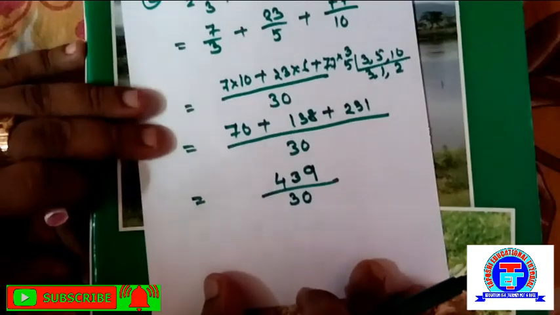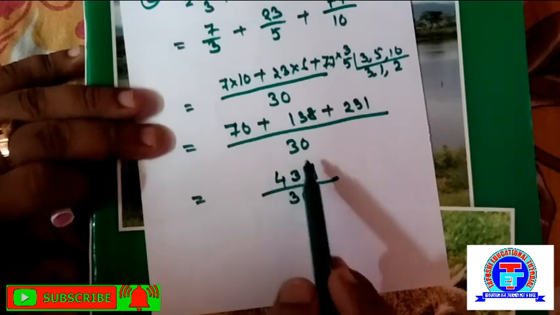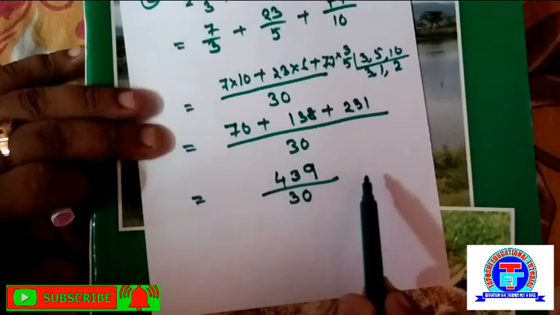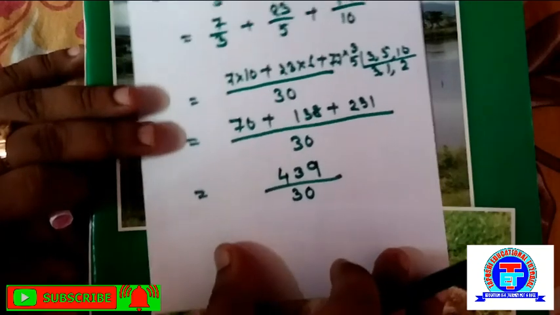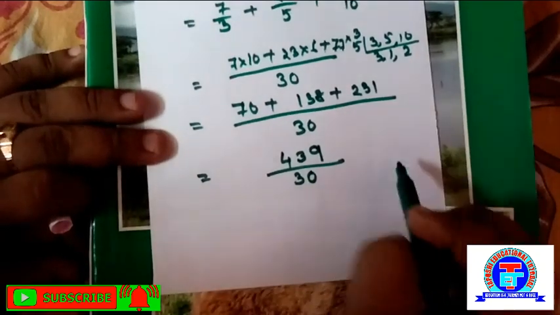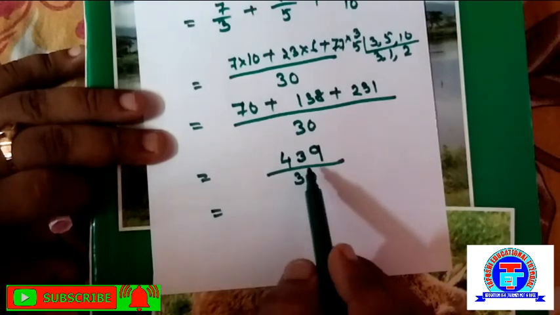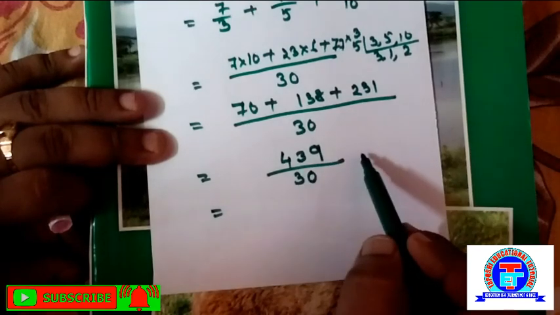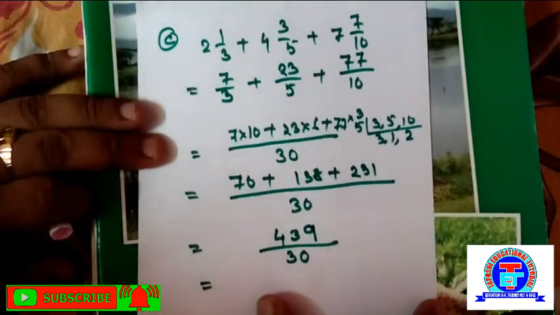Now when you get this answer, you should convert this improper fraction. So you do division, then it easily converts to the mixed fraction. You should always mention the answer in mixed fraction, right? I hope you clearly understand regarding this problem.